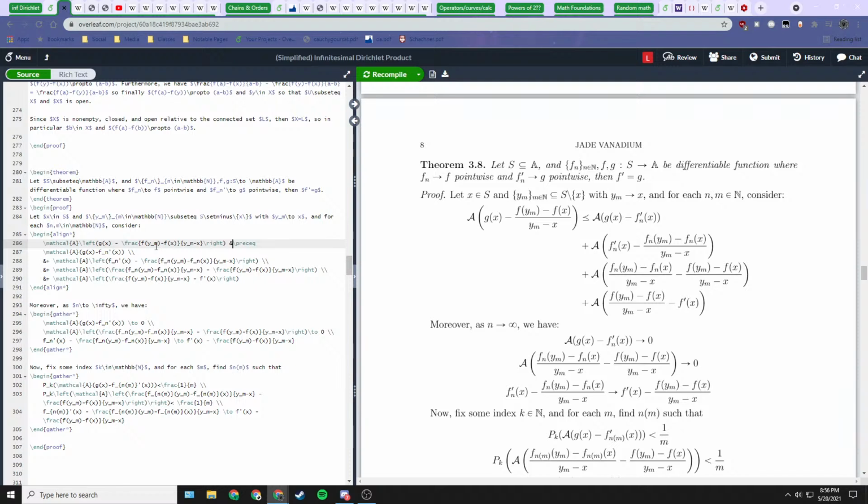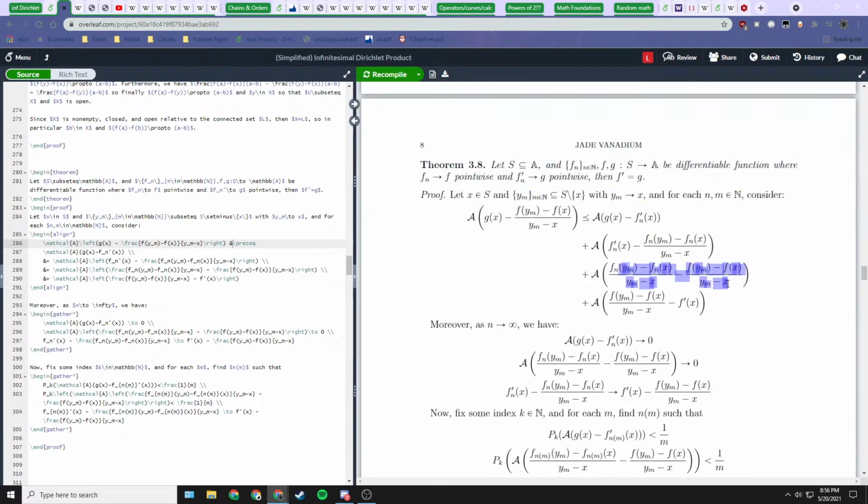And the way that we can prove this is, so this goes to 0 with n, and this doesn't go to 0 with n. That's okay. Let's leave that for a sec.